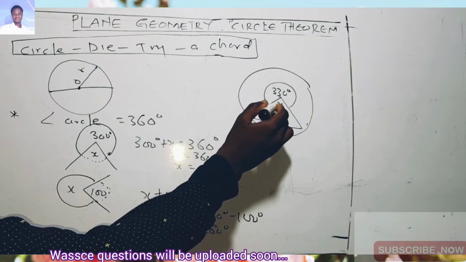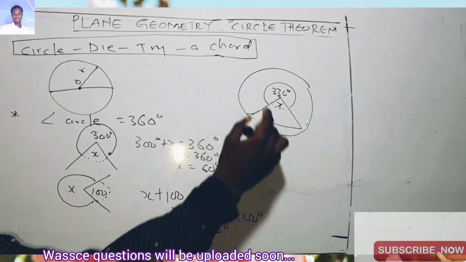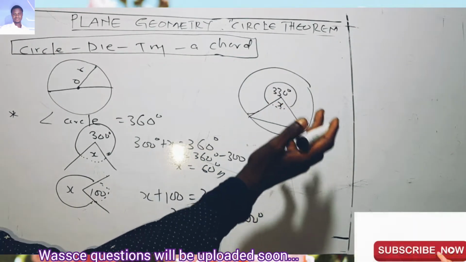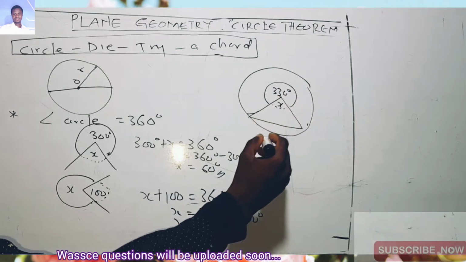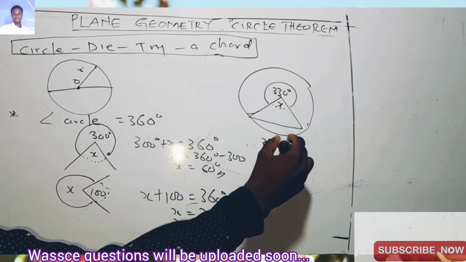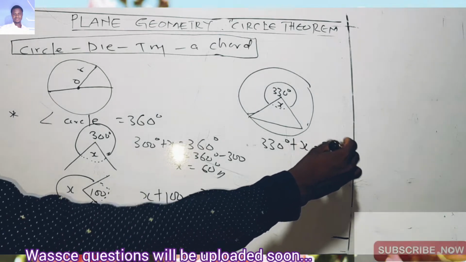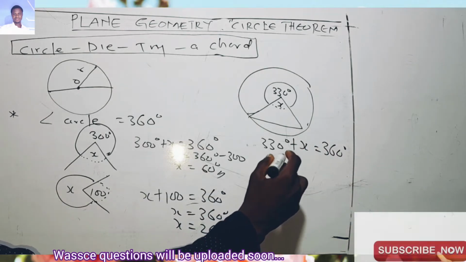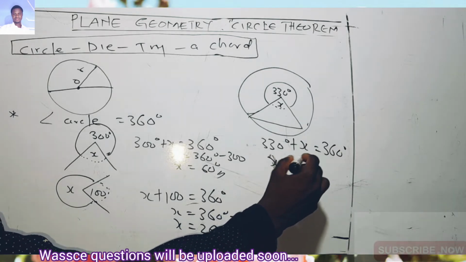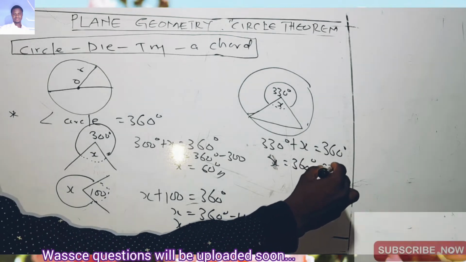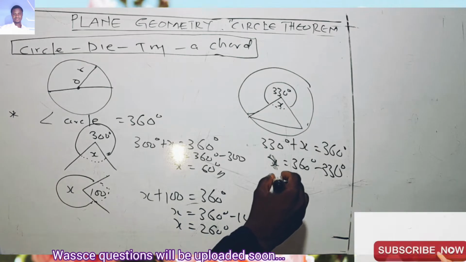This gives you a circle here, and we know that the total angle in a circle adds up to 360. So we have 330 degrees plus x should give you 360 degrees. So x is 360 degrees minus 330 degrees. So x is equal to what?